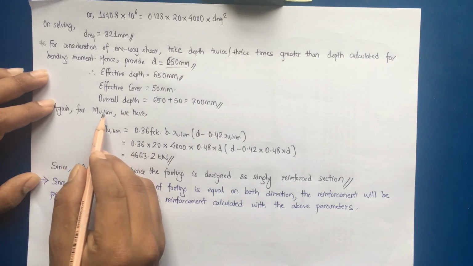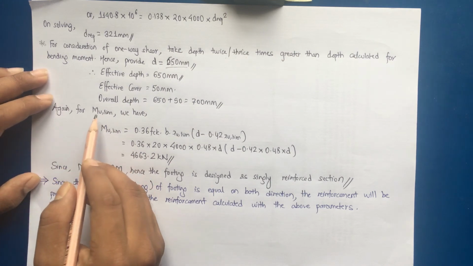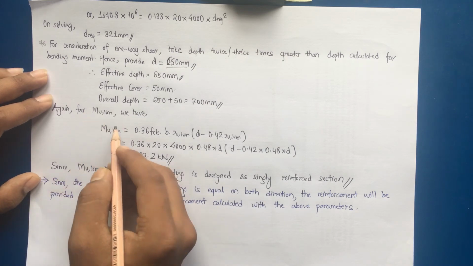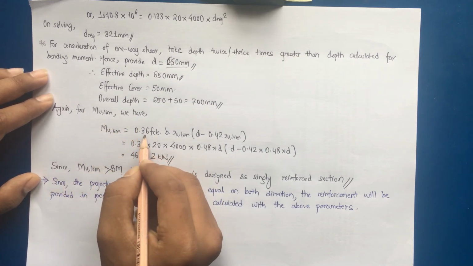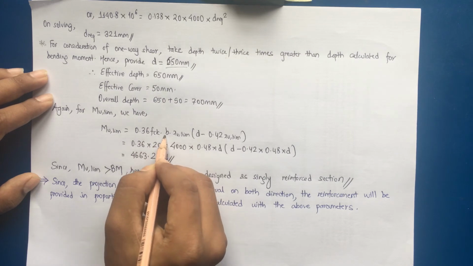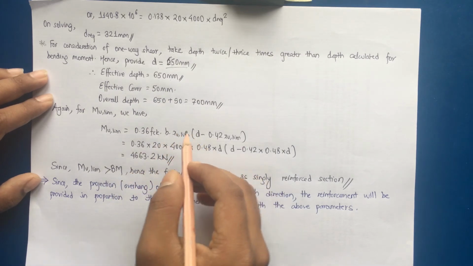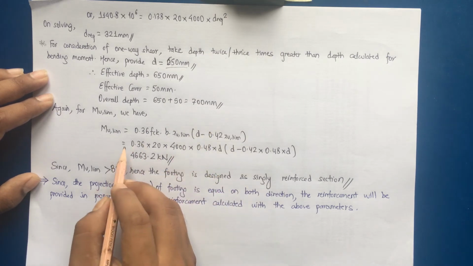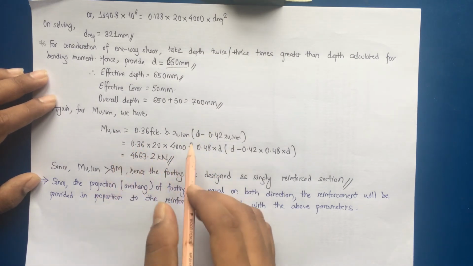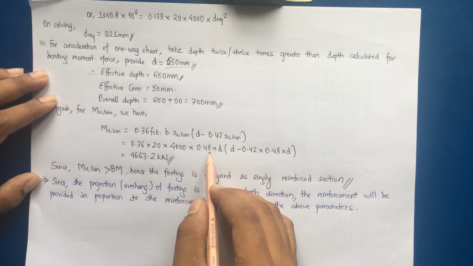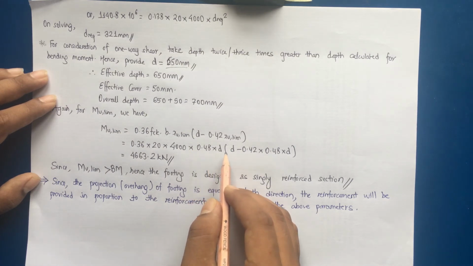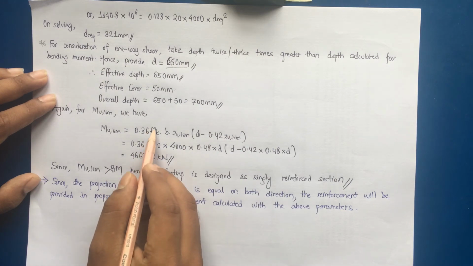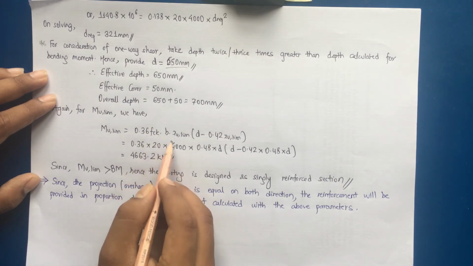Again, for Mu limiting, as I have said, we have to check whether the section has to be designed as singly reinforced or doubly reinforced. So Mu limiting is equal to 0.36 fck B xu limiting multiplied by (D minus 0.42 xu limiting). And for xu limiting, we have 0.48 times D for Fe415, and 0.36 into 20, that is the fck. Width of the section is 4000.